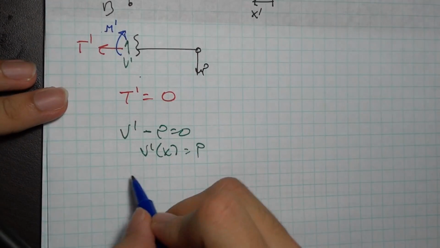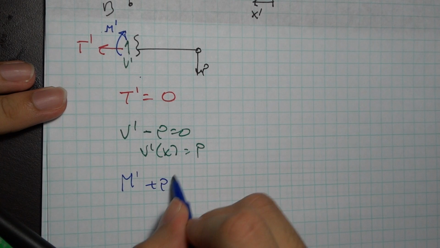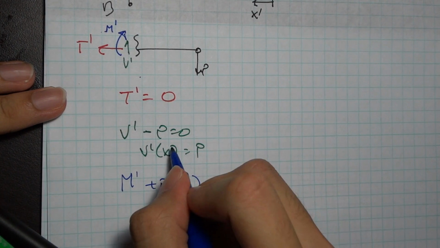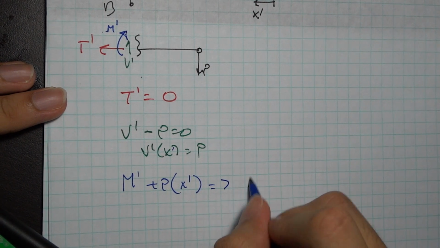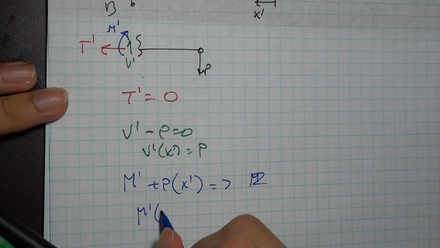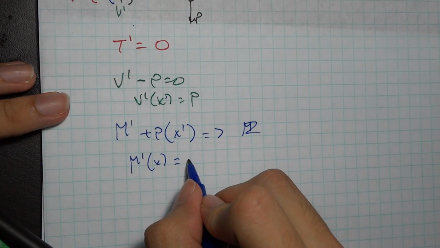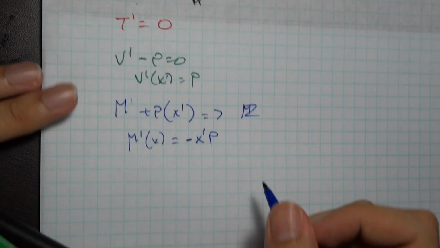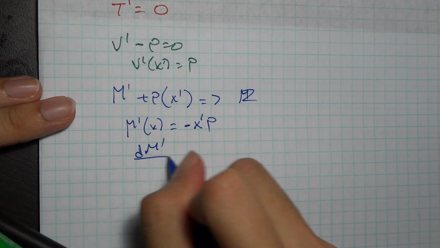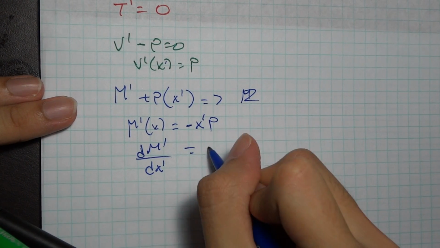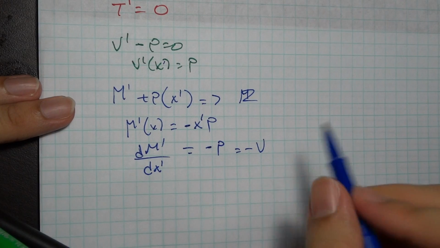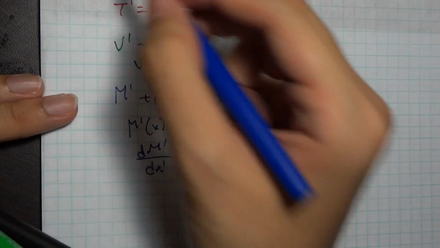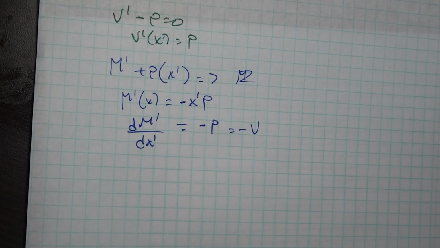M prime plus P of x prime equals 0. So M prime of x equals negative x prime P. Now we can check dM prime/dx prime is equal to negative P equals negative V. And that is okay because we're on the opposite side. So these are your equations.